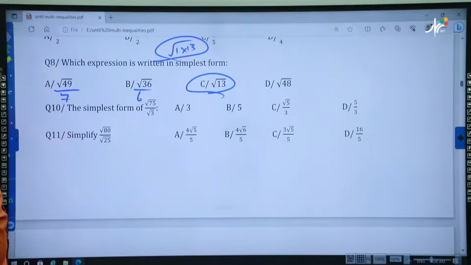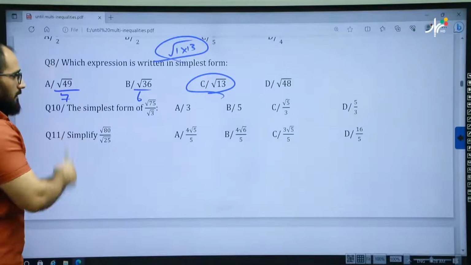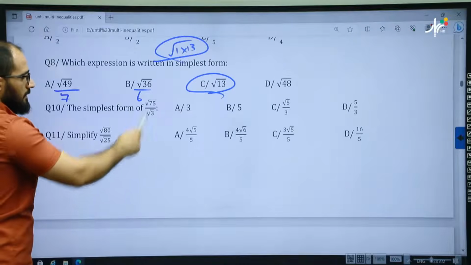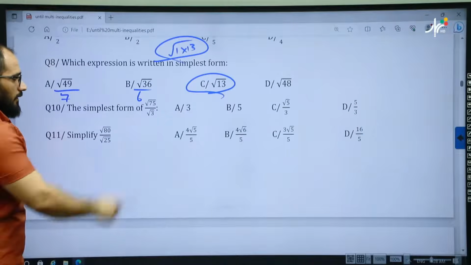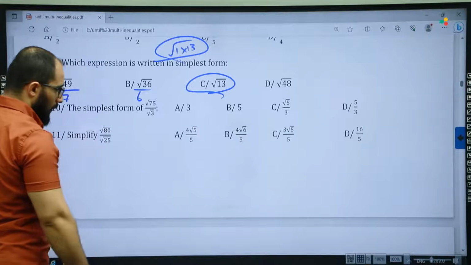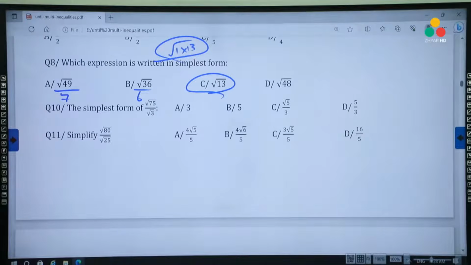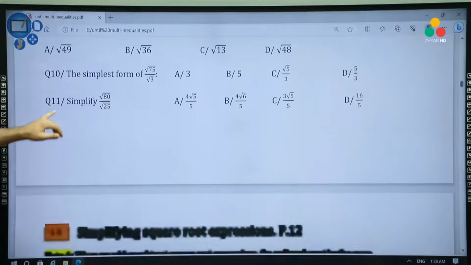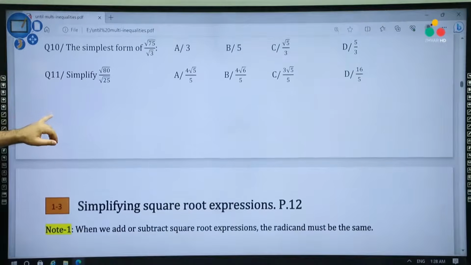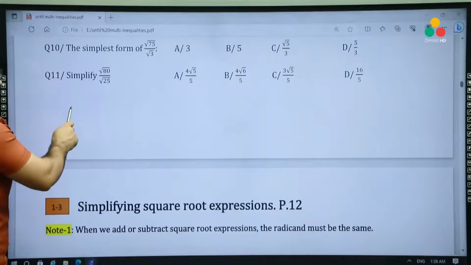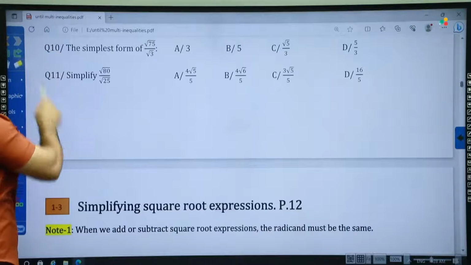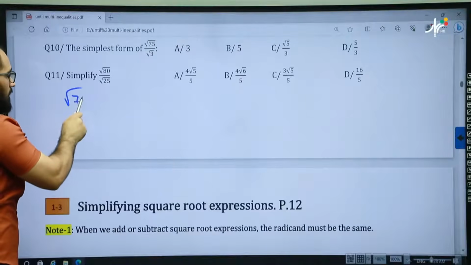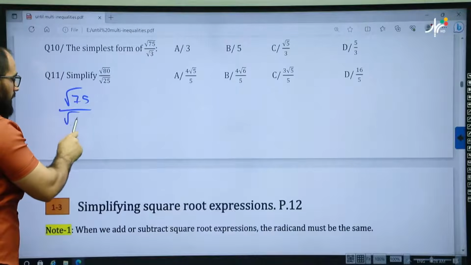The last question, or the second question to the last, it is the square root of 75 over the square root of 3. Then we have 2 ways to solve that question. I'm going to show you both ways. The first way is the square root of 75 over the square root of 3.